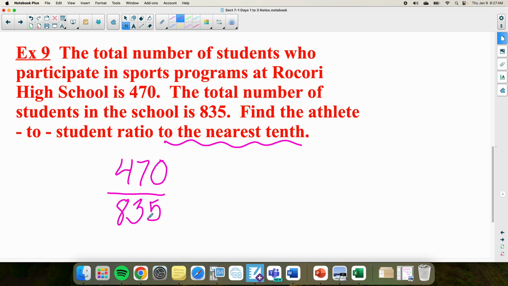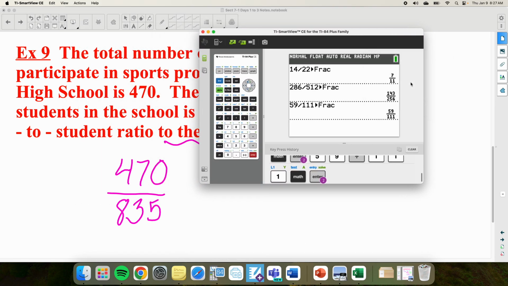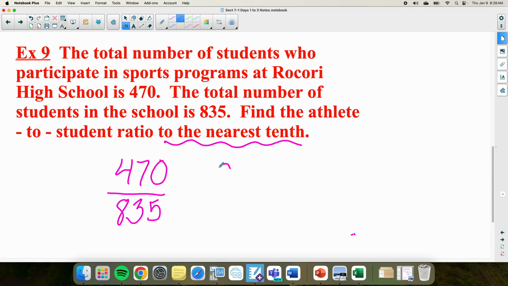And now you certainly could sit and divide it by 5 and see if that works. But let's use our calculator on this one and go 470 divided by 835. And then you go math, enter, enter. And it can be reduced down to 94 over 167.